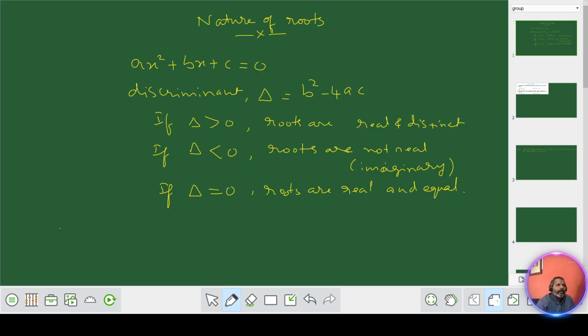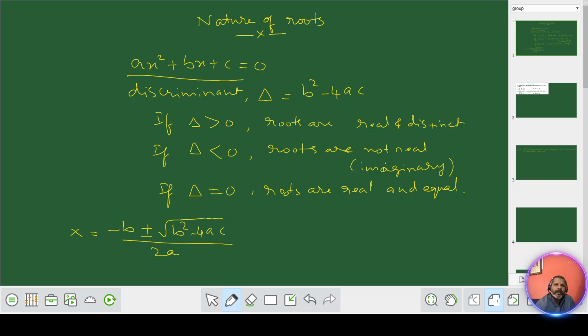Then there is a formula to find the roots for the quadratic equation, which is called Sridhar Acharya formula, x is equal to minus b plus or minus square root of b square minus 4ac, by 2a.